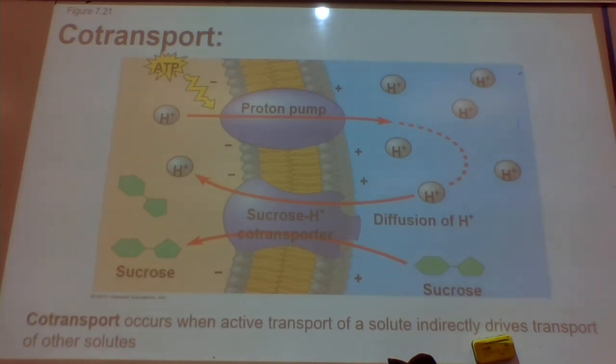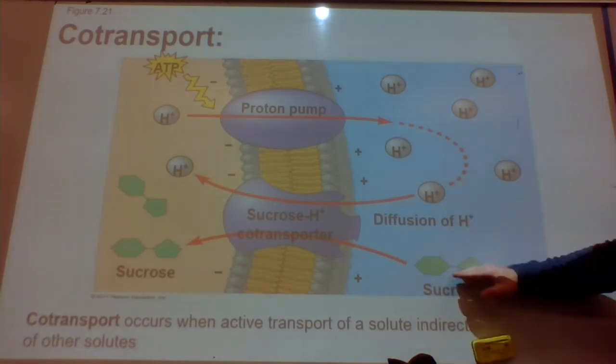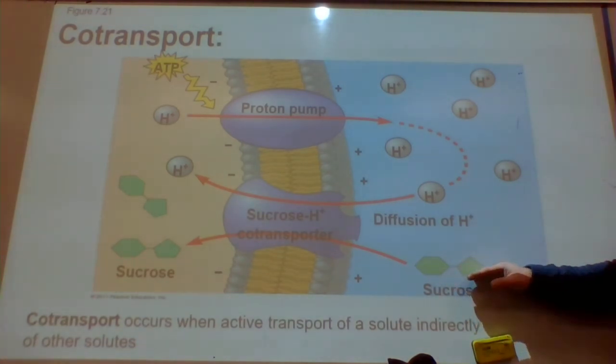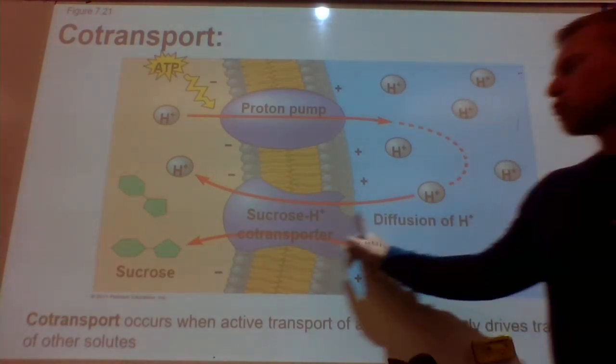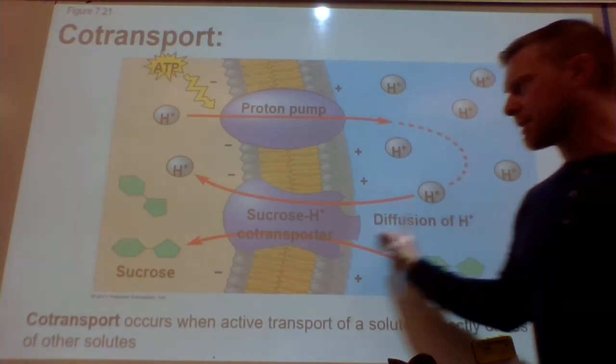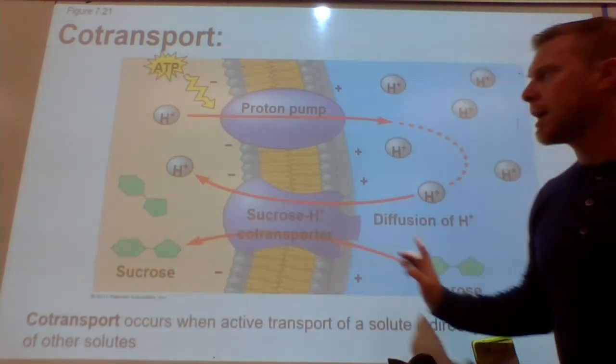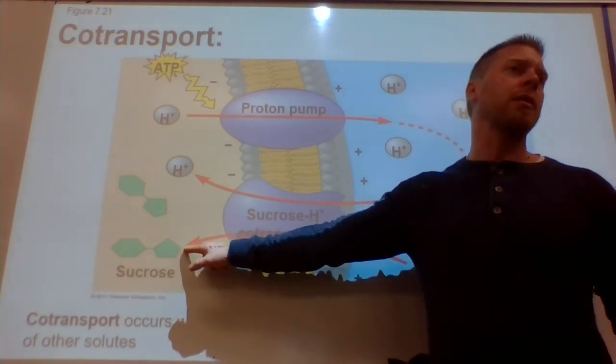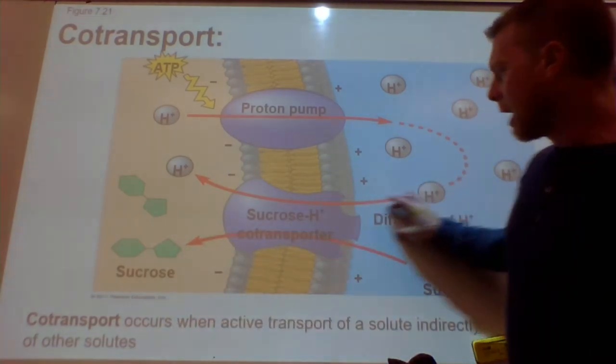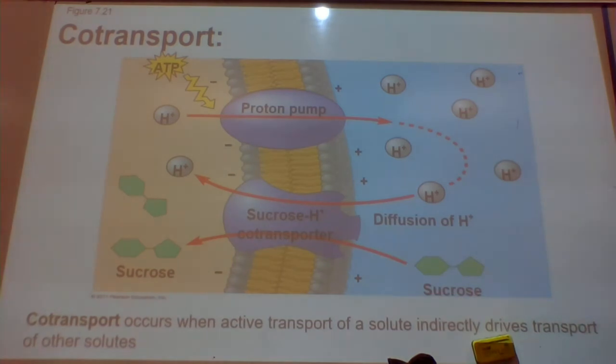In this example, it's the disaccharide sucrose. So when the protons are rushing back into the cell, it's going to pull sucrose into the cell along with it. So this coupling we call a co-transporter.